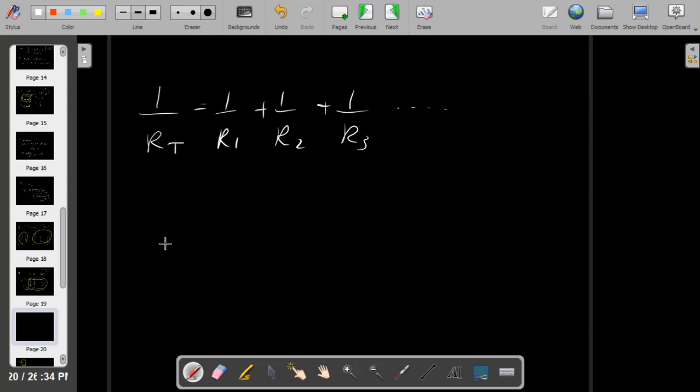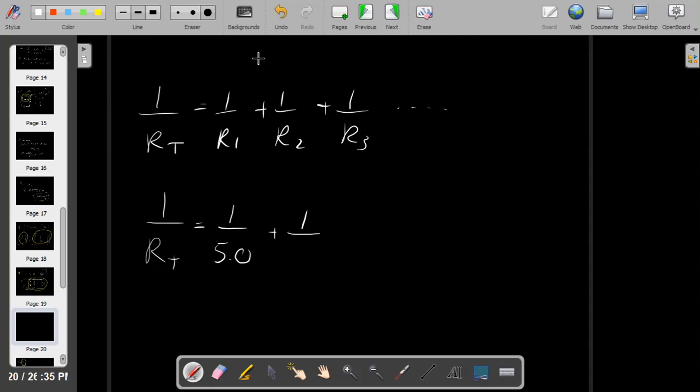I just copied my numbers from my paper. I already did these calculations. So 1 divided by the total or effective resistance in that area that we're looking at, where you have your resistors in a parallel format.